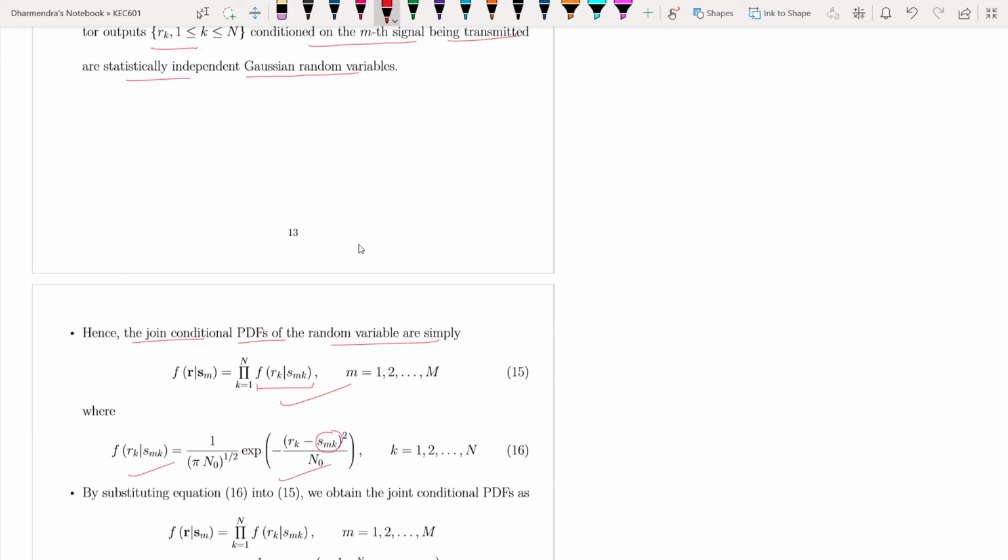This is the joint PDF of the random vector R, not variables, sorry, vector R, because vector R is a collection of capital N random variables. It is written this way because of independence: uncorrelated Gaussian noise means independent Gaussian random variables, so the joint PDF will be the multiplication of the individual PDFs. This is a joint conditional PDF, the PDF of rk given smk.